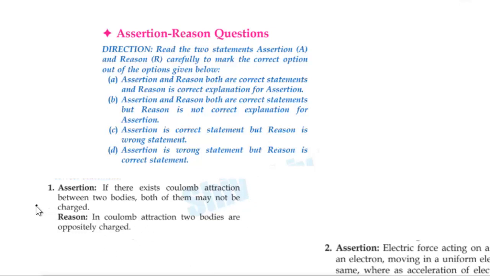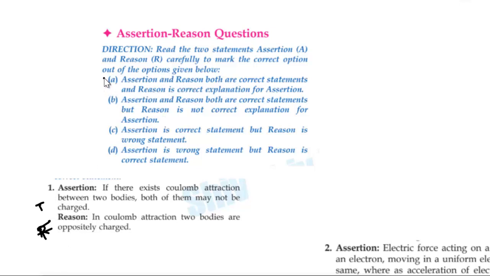Suppose you find the assertion is true and the reason is false, like that. Then the options will be the same for all the questions. Assertion and reason both are correct statements, and reason is the correct explanation for assertion. So assertion is true, reason is false. Here assertion and reason both are correct.